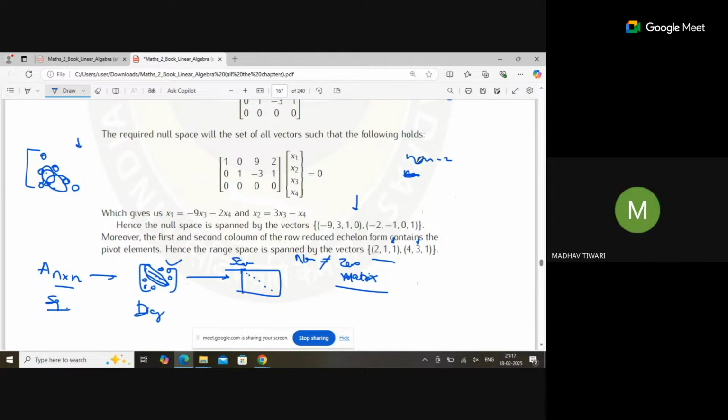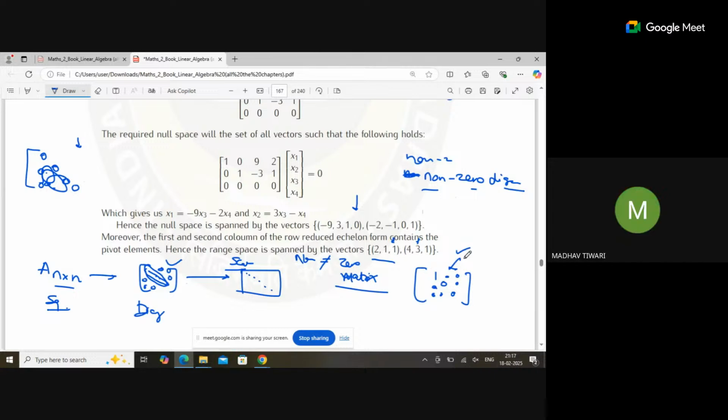One more thing I want to mention here: if somewhere it is written non-zero diagonal matrix, don't make any problem here. Non-zero means, for a diagonal matrix like 1 0 0 0 0 0 0 0 0, this is a diagonal matrix and it is non-zero. So at least one element has to be non-zero.